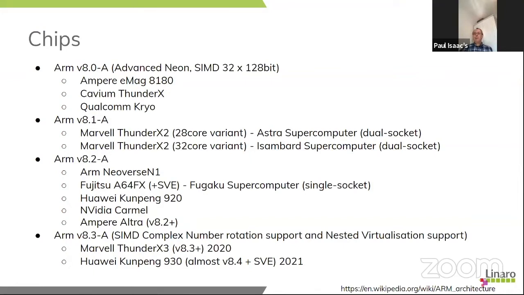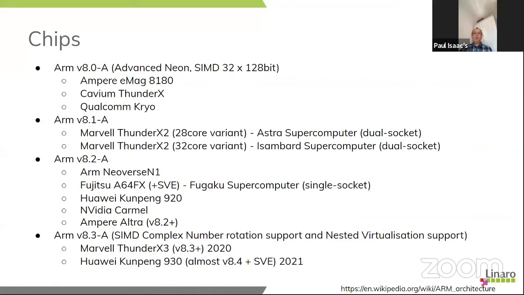Now, the ISA takes time to implement, so we've already had 8.3 SIMD computes. Now, if you're a mathematician looking into complex numbers, and you want to do 90-degree rotations of complex numbers, then you will be looking at 8.3 implementation in silicon before it will be available in hardware.